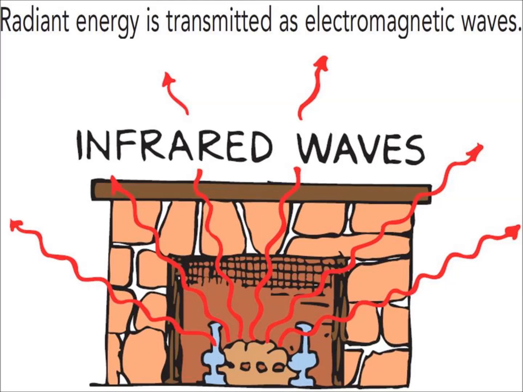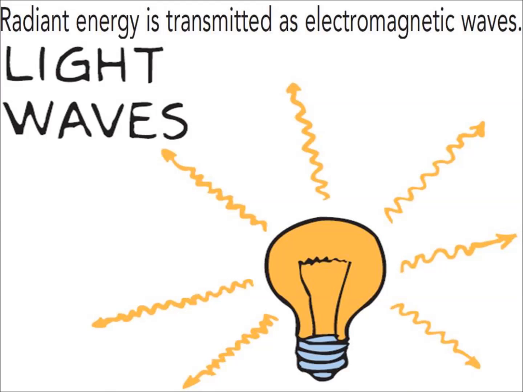I can transmit energy through radio waves or infrared waves, such as a fireplace. Now, light waves, visible electromagnetic radiation, are also a form of radiant energy. So radiant energy is transmitted through light waves. So we've seen them transferred through radio waves, infrared, visible light, ultraviolet light, X-rays, and gamma rays.